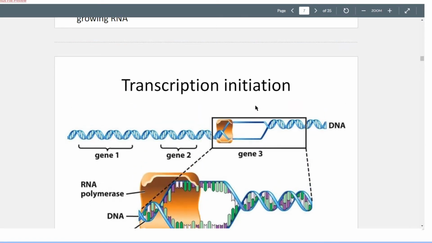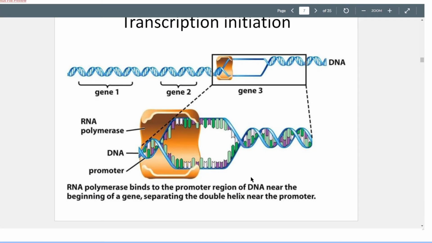Transcription initiation: we have a promoter which opens it. RNA polymerase will come in, and it won't fill both sides. It'll only do one of the strands. You see this bottom strand? It'll fill it up with the complementary bases, which will be almost the exact same as the top, but instead of thymine, it'll be uracil.